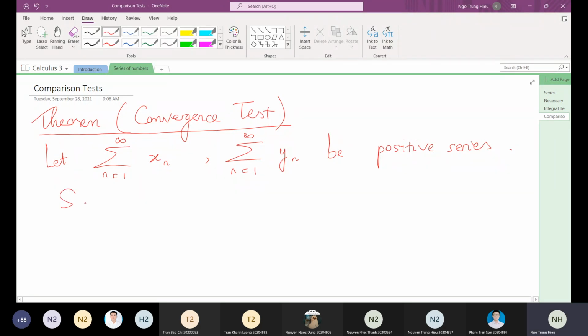Suppose that the first series is smaller than the second series: the terms of the first series are less than or equal to the terms of the second series.